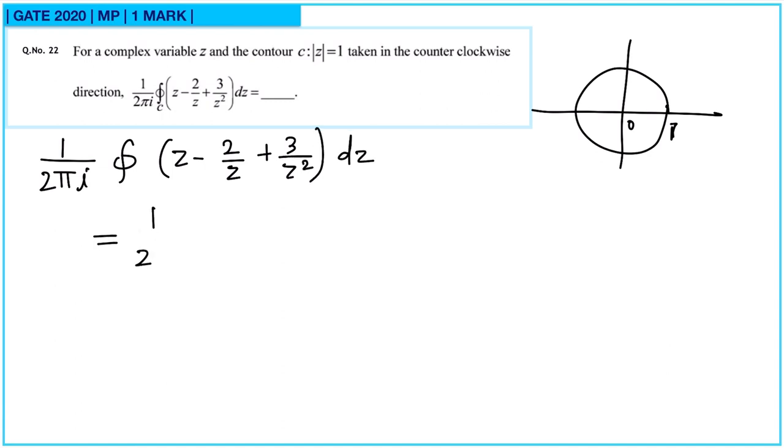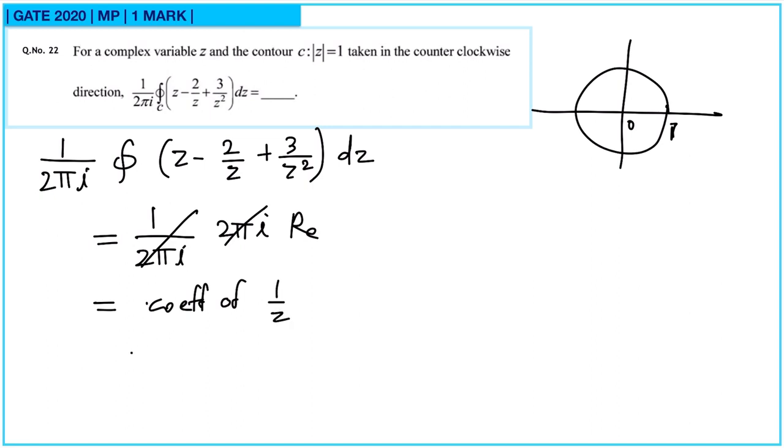This is equal to 1/(2πi) and the value of this integral is 2πi times the residue. Now residue is the coefficient of 1/z. So this 2π i and 2π i will cancel, and the coefficient of 1/z here is −2. So the answer will be −2.